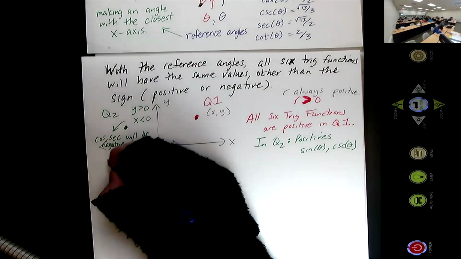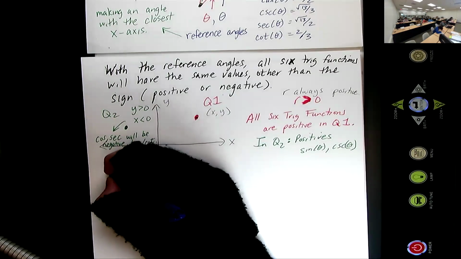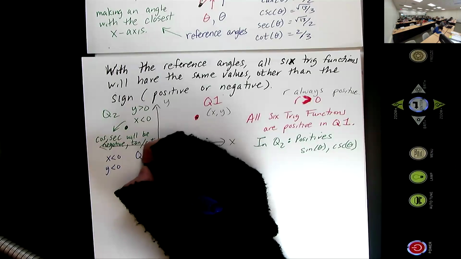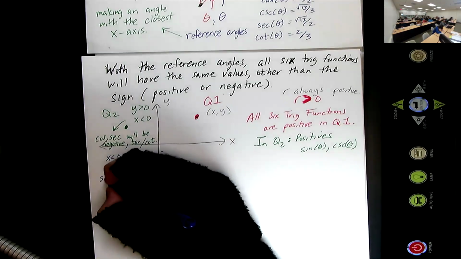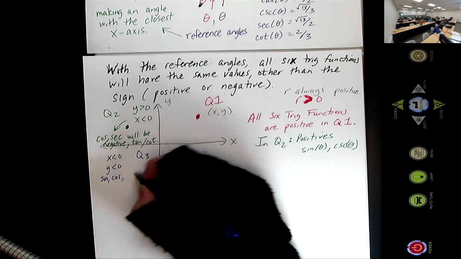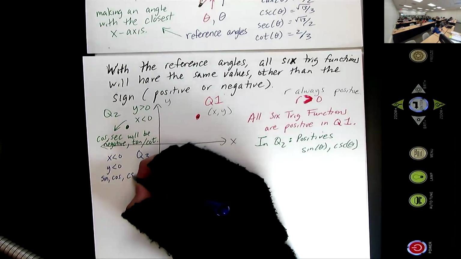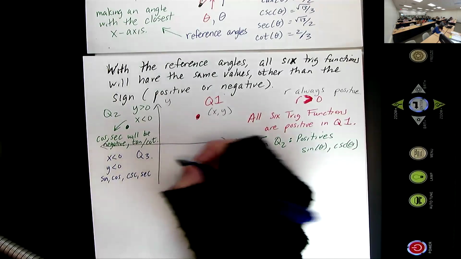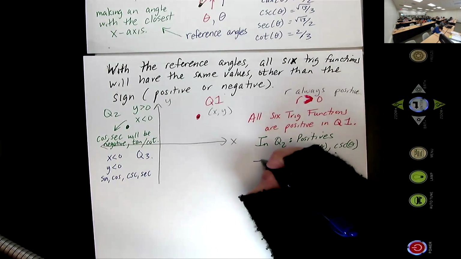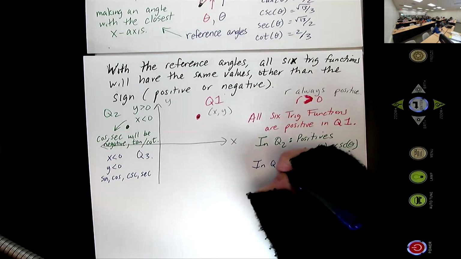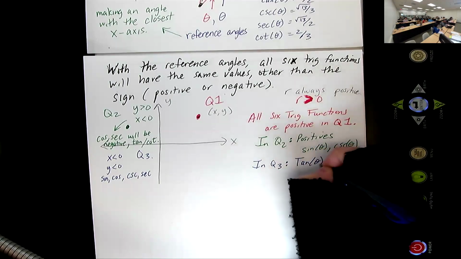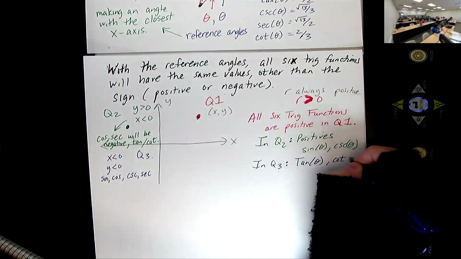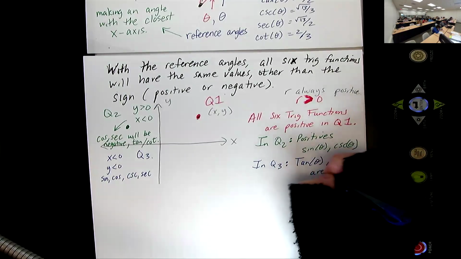Down here, they're both negative. In Q3, both are negative, which means sine and cosine are negative. And that means they're flipped over once, cosecant and secant are negative. Which means the only positive ones in Q3 are tangent and its partner cotangent.